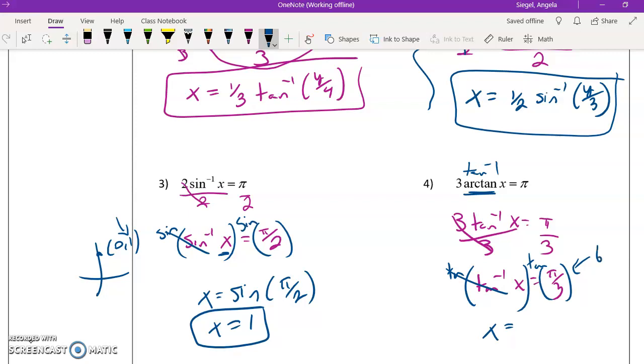So pi over 3, that's 60 degrees. If you're doing the hand trick, you can use the unit circle to look at it. A lot of times I use the hand trick. So 60 degrees is square root of 3. So the tangent of pi over 3, or the tangent of 60 degrees, is square root of 3. And that's my answer.